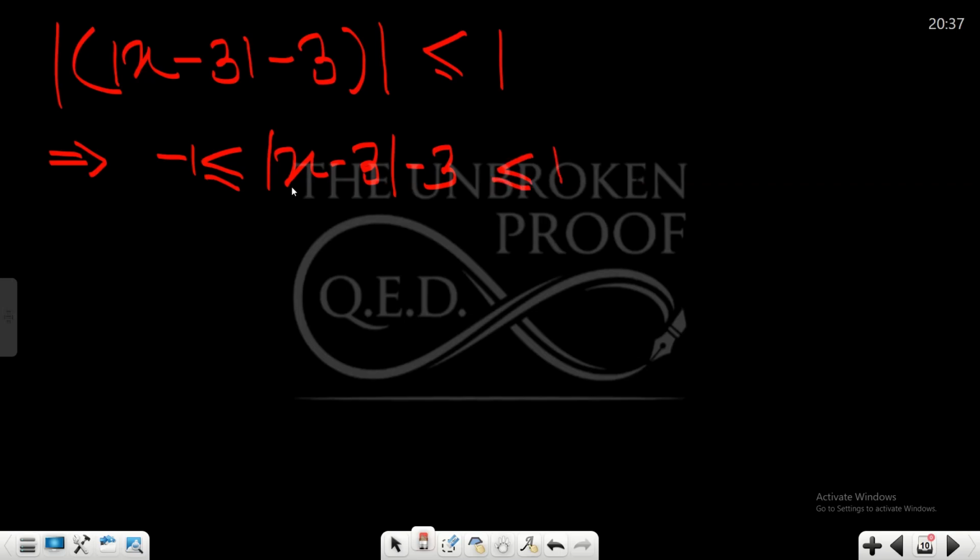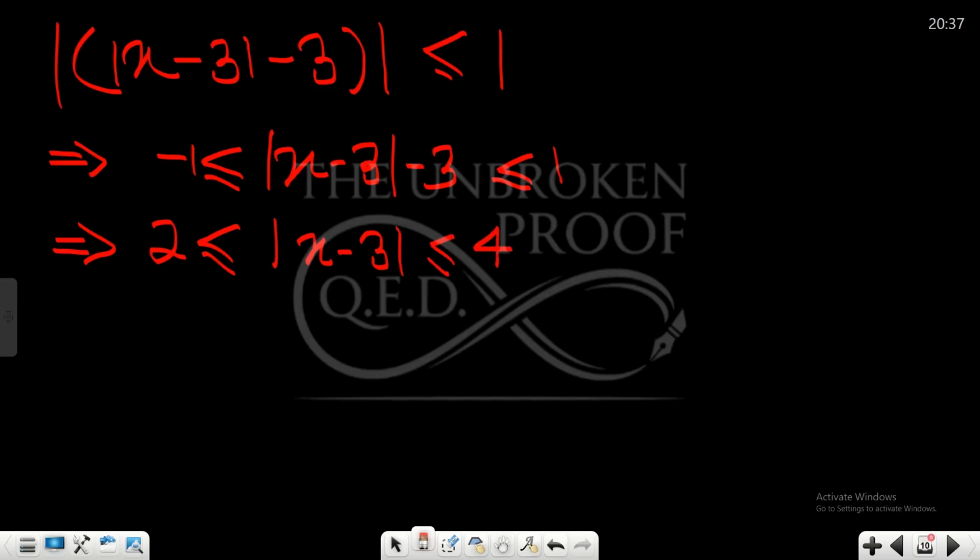If you add 3 on both sides, then you will get 3 minus 1 is 2, so mod of x minus 3 should be greater than or equal to 2, and mod of x minus 3 should be less than or equal to 4.